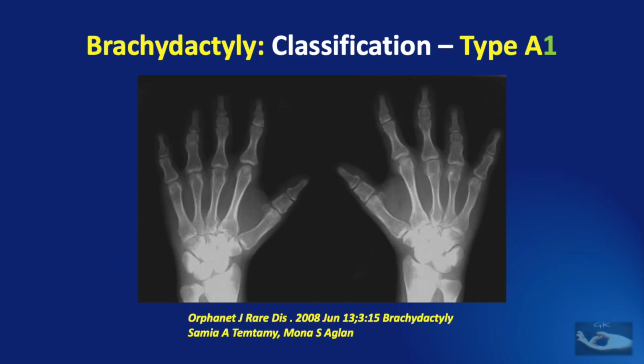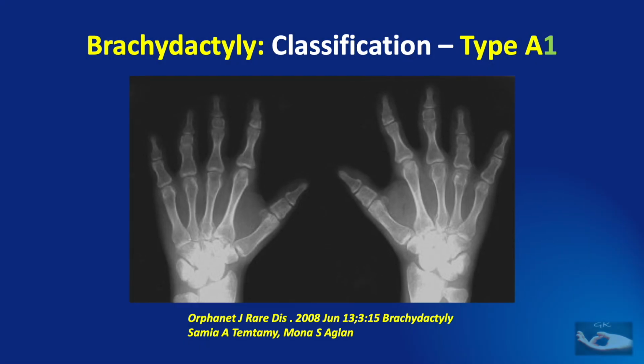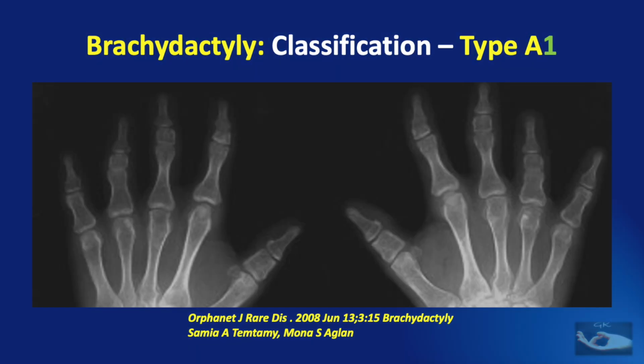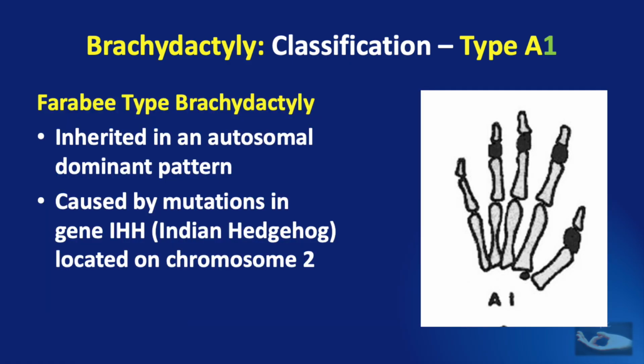The X-ray of an adult's hands with brachydactyly type A1 showing brachymesophalangia of 4 digits or shortening of the middle phalanx of 4 digits with hypoplasia of the thumb's proximal phalanx. Type A1 brachydactyly is inherited in an autosomal dominant pattern, and it is caused by mutations in the gene IHH or the Indian hedgehog located on chromosome 2.